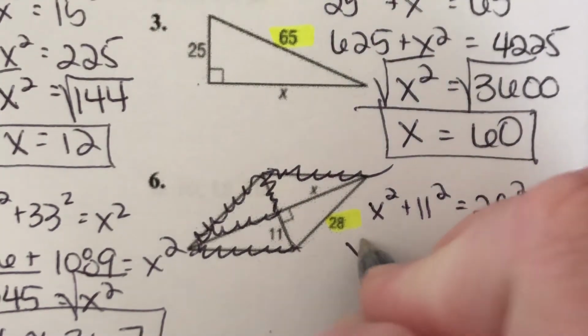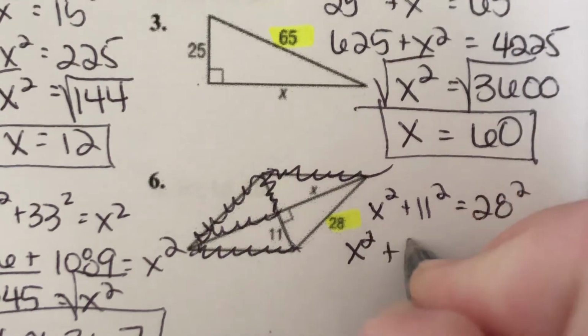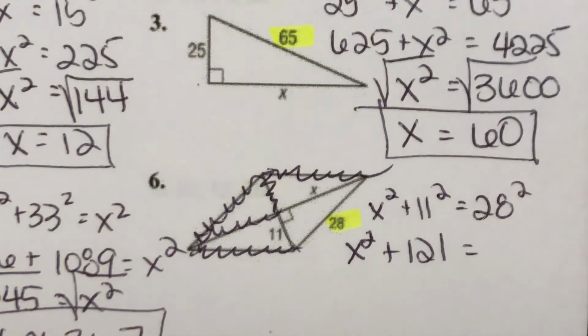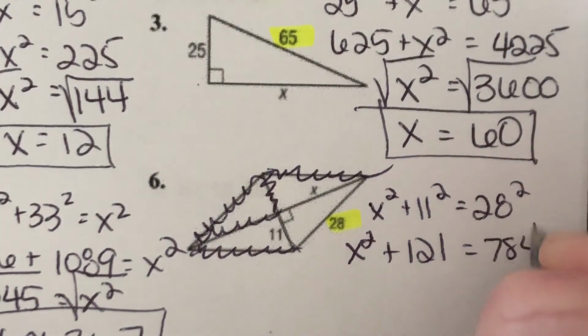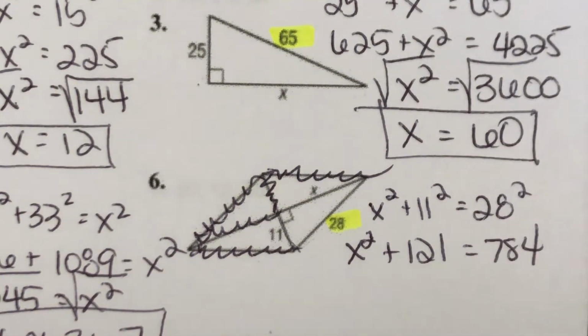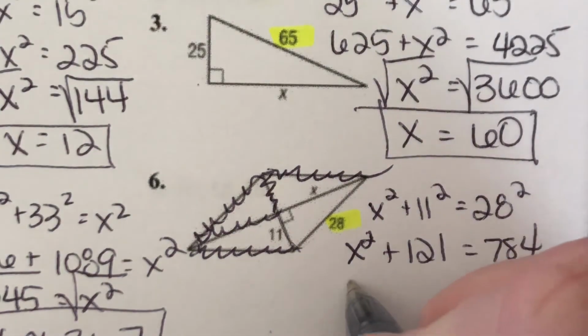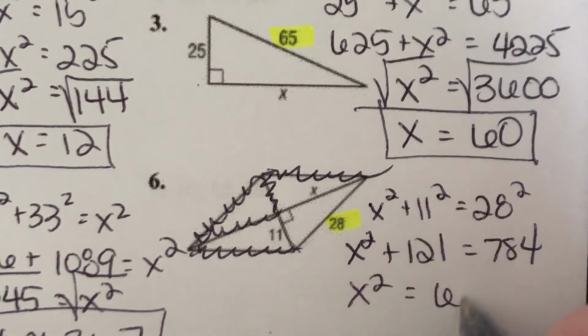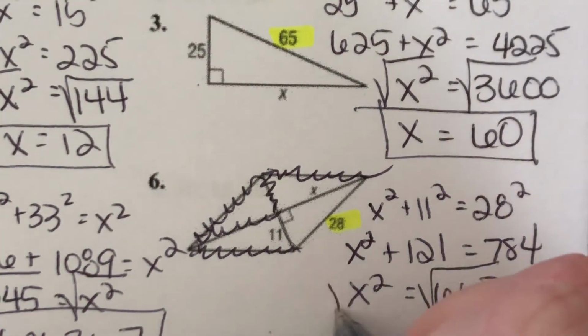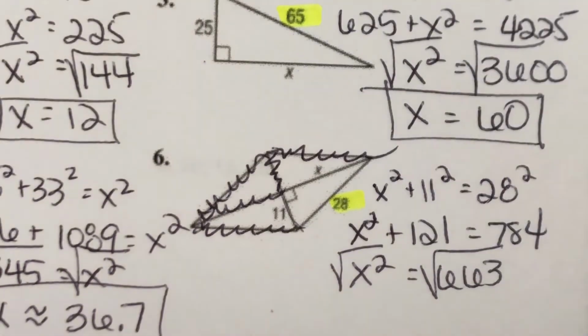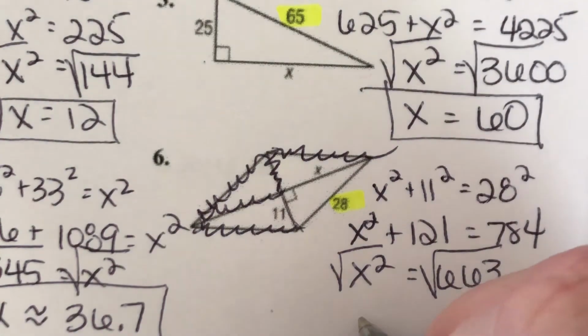All right, so x squared plus 121 equals, I don't know what 28 squared is, 784. Minus 121 on both sides, 663. And then I take the square root, and the square root of 663 is about 25.7.